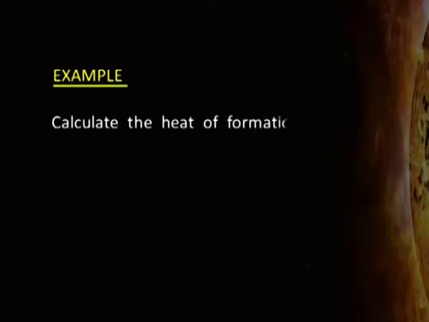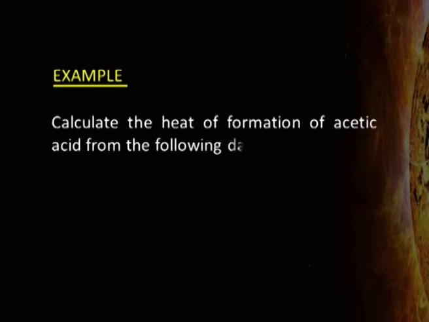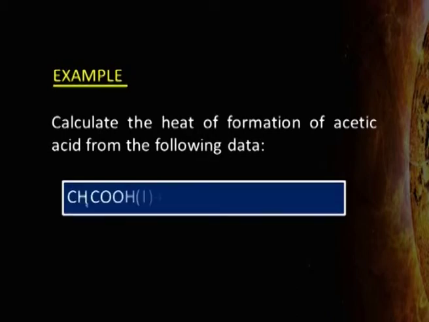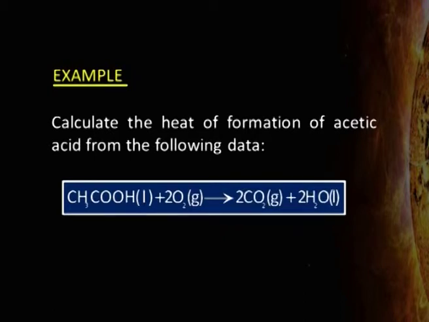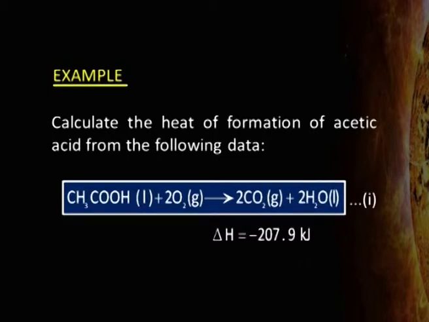Calculate the heat of formation of acetic acid from the following data. CH3COOH liquid plus 2O2 gas giving you 2CO2 gas plus 2H2O liquid. Delta H for this reaction is equal to minus 207.9 kilojoules. This is equation number 1.